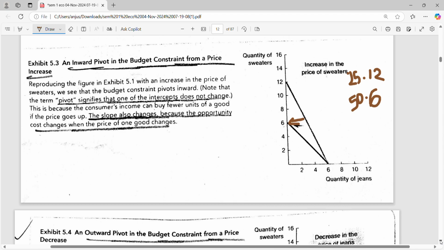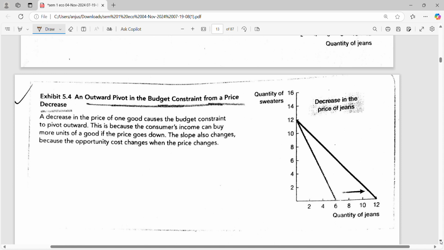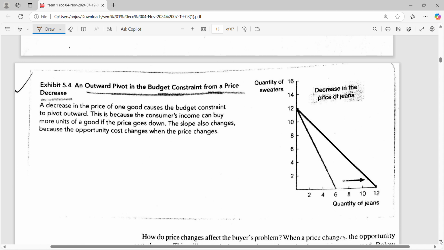Next, there is an outward pivot in the budget constraint. That is when a price decreases. So let's say the jeans price was 50 rupees first, but now it is 25 rupees. How is the intercept calculated? Intercept is calculated when all the income is put to purchase the particular good. So earlier 50 multiplied with 6 gave you 300, but now it's 25 rupees for the jeans.